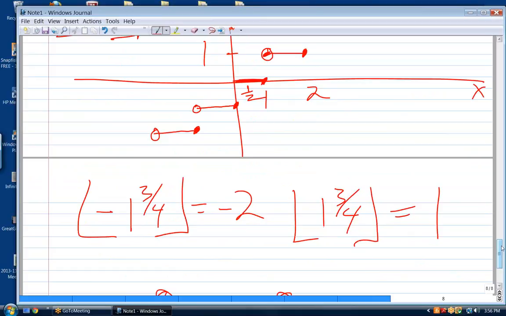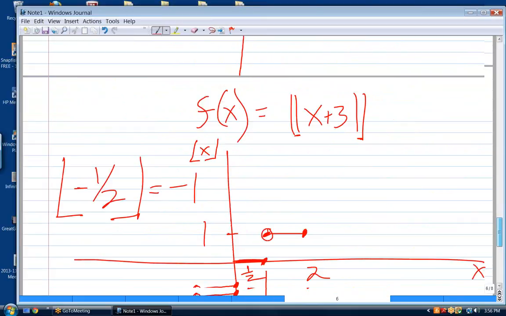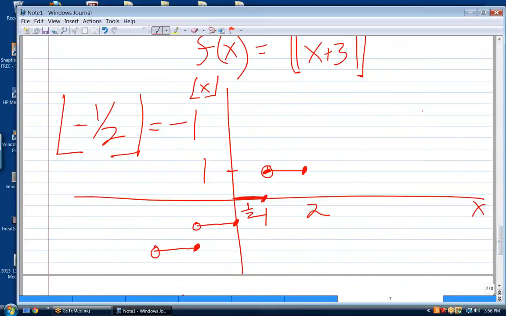Now, there's two kinds of functions. One is the greatest integer function, and the other is the least floor function. They're kind of the opposite of one another. The least floor looks like this. And that is the opposite.